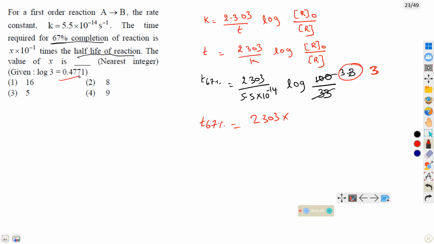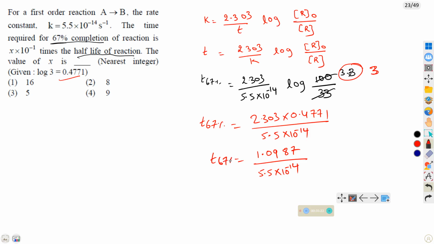Log 3 value is given as 0.4771, by 5.5 into 10 power minus 14. Then simplify this, you will get 1.0987 by 5.5 into 10 power minus 14. This is T 67% value.